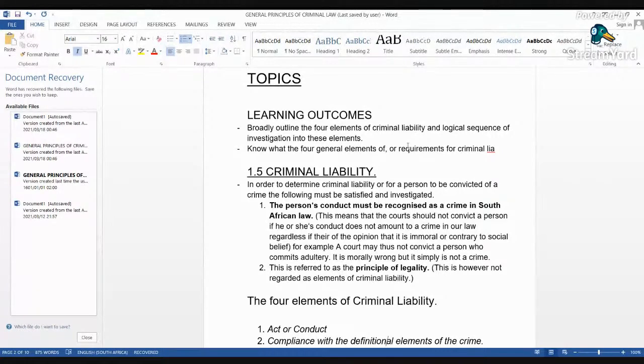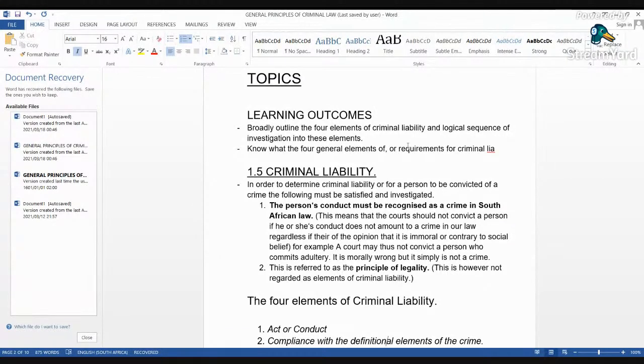So a person will not be convicted of something if it is not written down or does not constitute a crime in South African law. So get that right. Simply because something is immoral or is against public opinion or beliefs or against religious beliefs does not mean that it amounts to a crime.